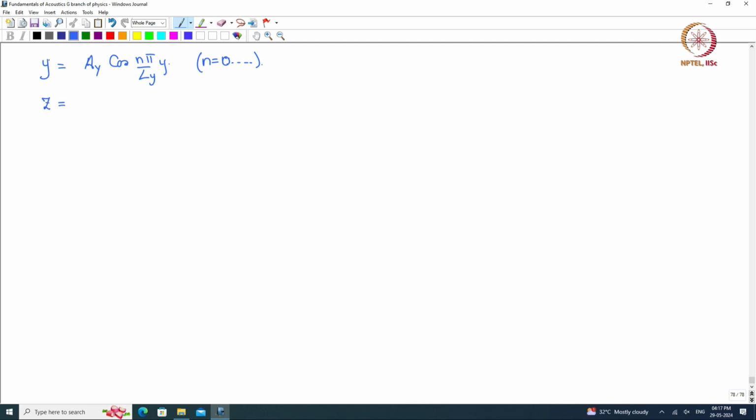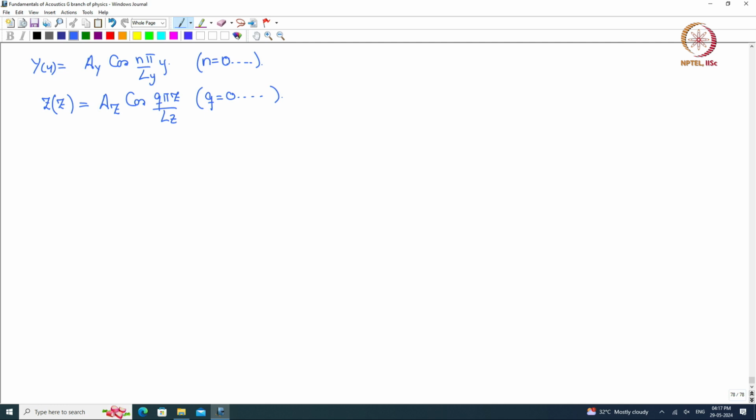So this was Y of y, and this is Z of z, is equal to az cos, I will call it q, q pi z by Lz, and here also q can start going from 0 onwards.